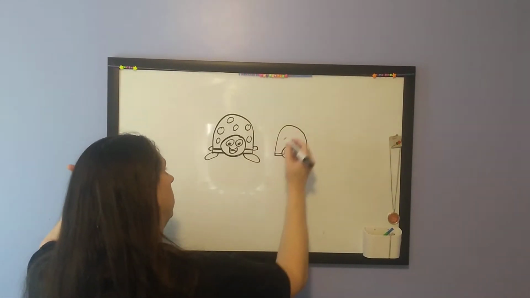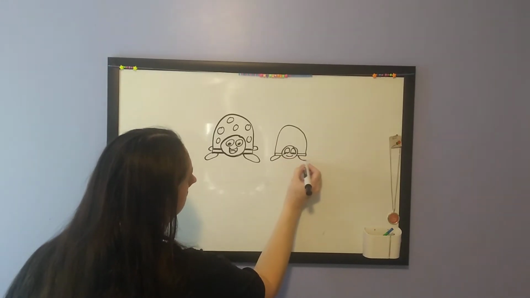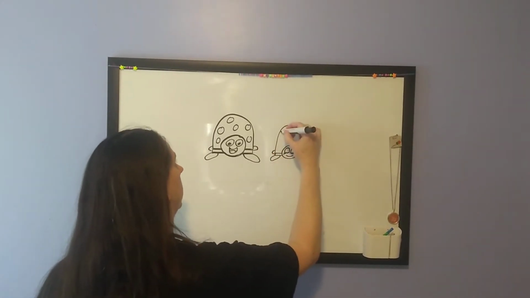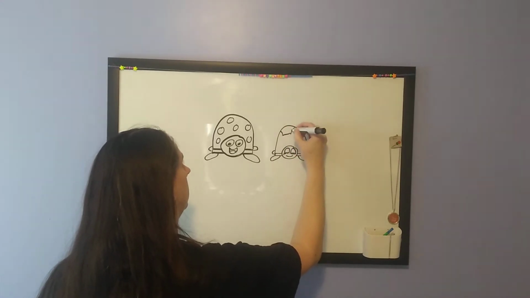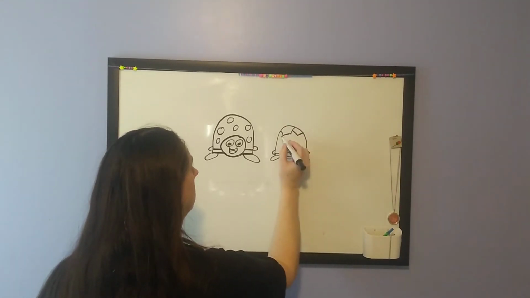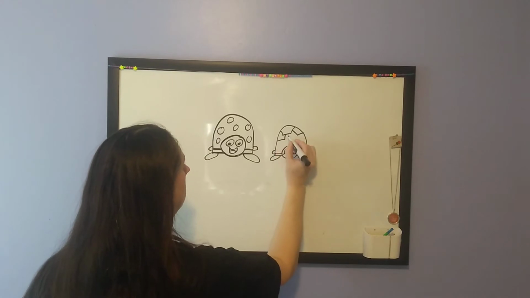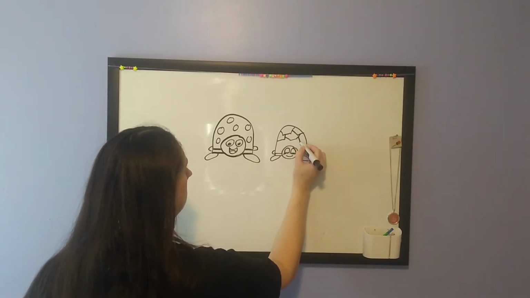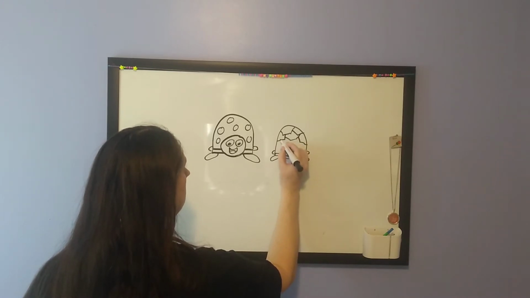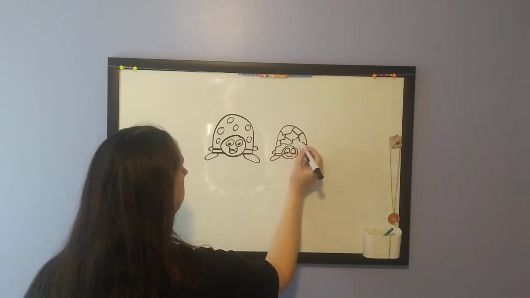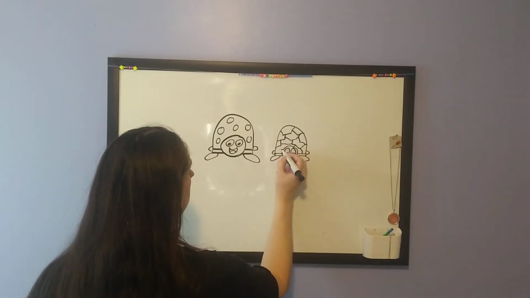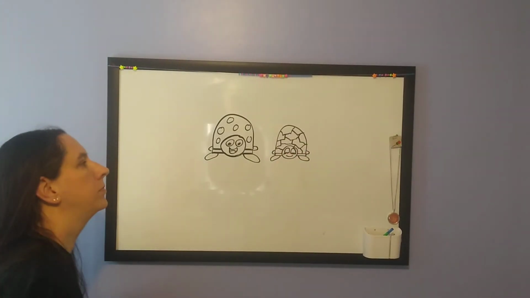Okay, and then even her shell, you could get fancy with it. You could do some geometric shapes if you wanted to. Okay. So whatever you wanted to do to make your turtle.